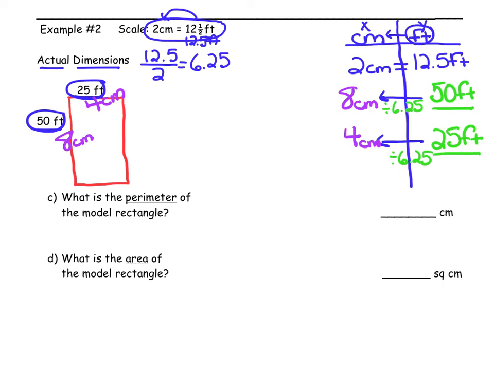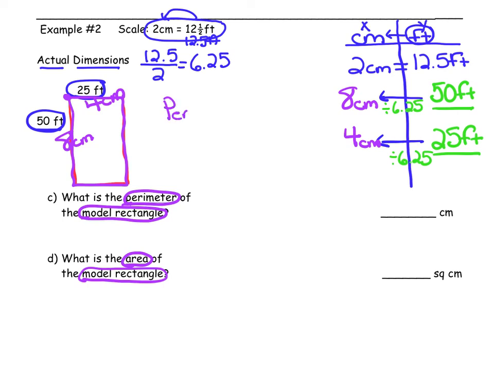Now, let's calculate the perimeter of the model rectangle, and let's calculate the area of that same model rectangle. Remember, if you're taking a perimeter walk, you're going to add 4 centimeters plus 8 plus 4 plus 8.